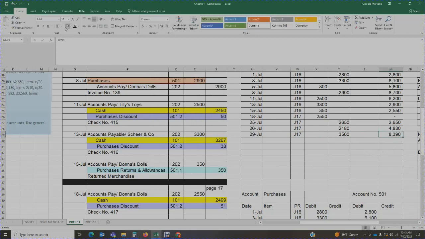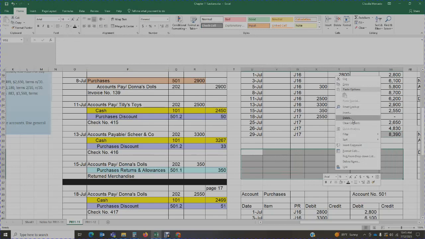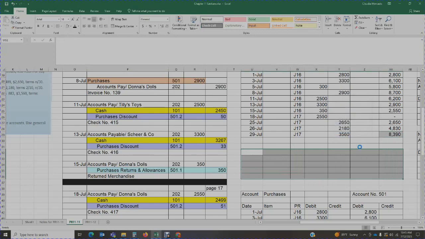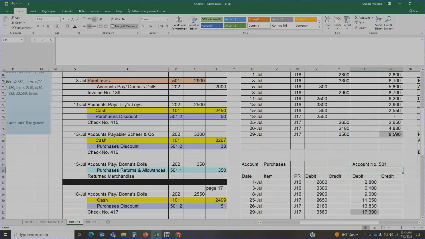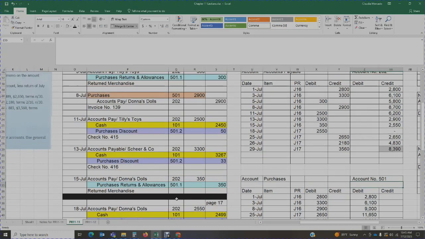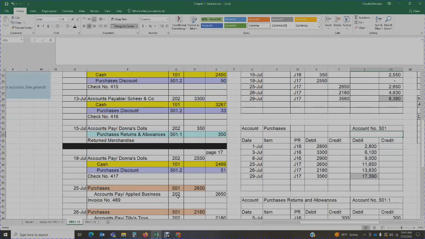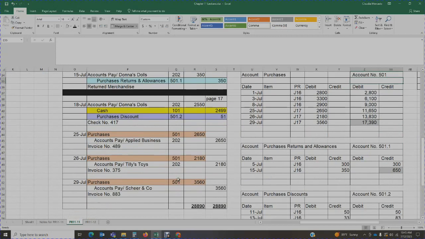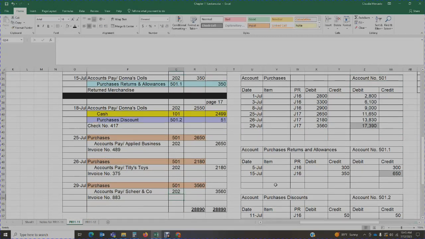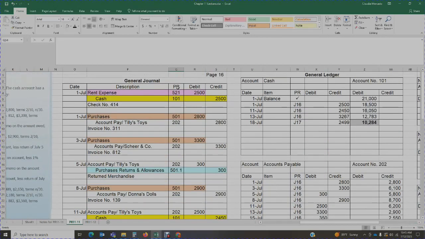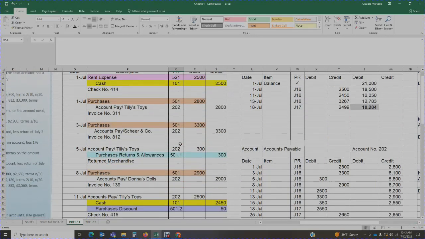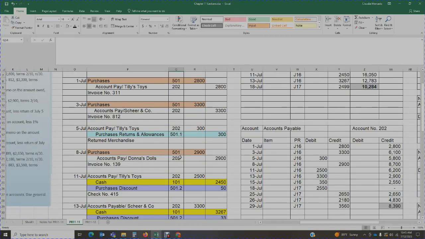So that's going to be my ending balance. Okay. And then I'm going to go back and I'm going to enter 202 right here, 202. Okay. So let me go and let me do a quick check, make sure that all of the entries have an account number.